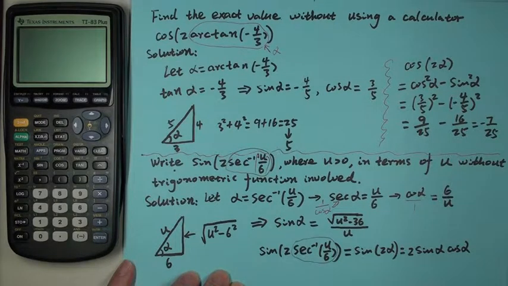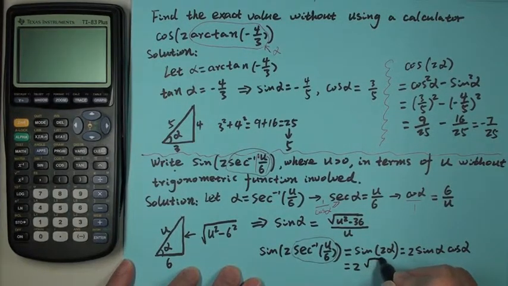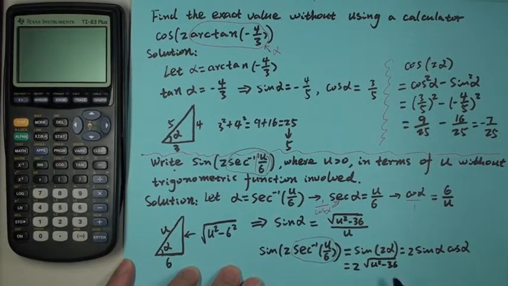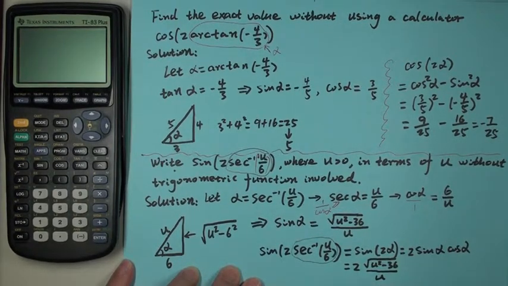So you may just write that will be equal to 2, and sine alpha is the one right here, so that will be radical u squared minus 36 divided by u, and cosine alpha is 6 over u.